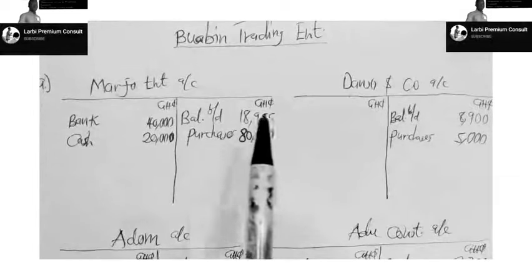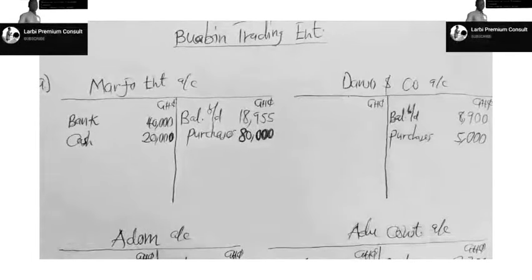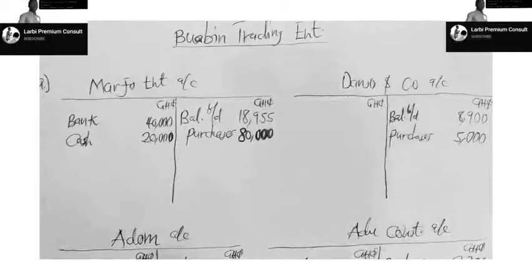You sum up the total for the debit and the total for the credit. So after summing them up, then you know the total for the debit and credits. You compare which side has a greater figure, then which side falls short. The side that falls short, the difference between the greater and the smaller figure, the difference is where we are going to place on the side that was short.